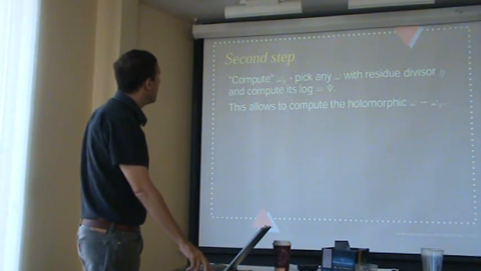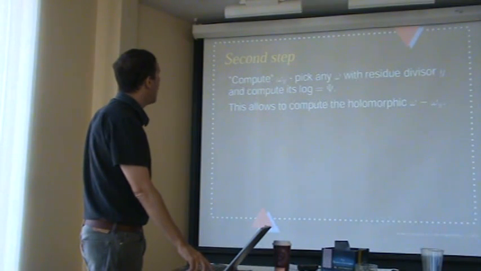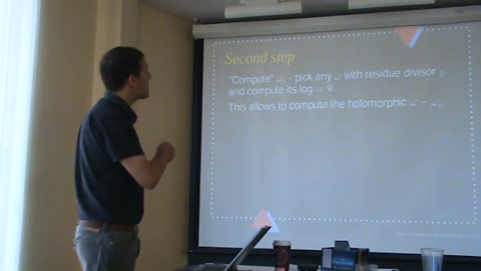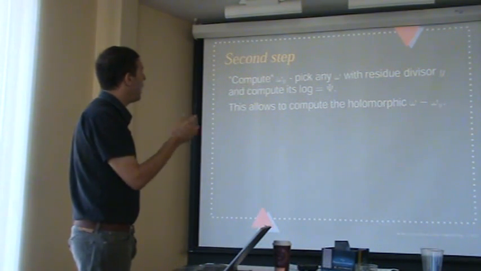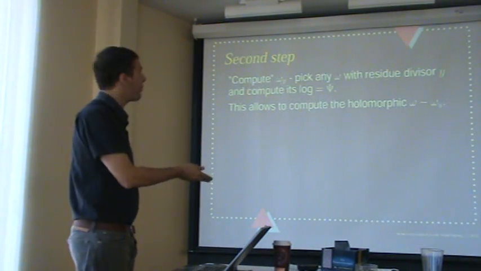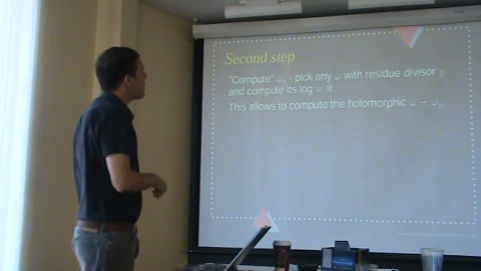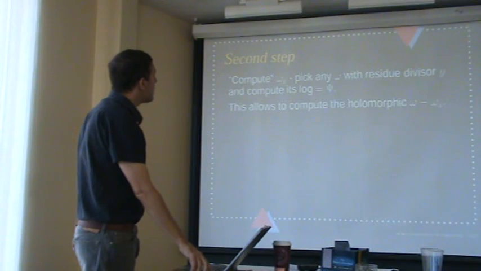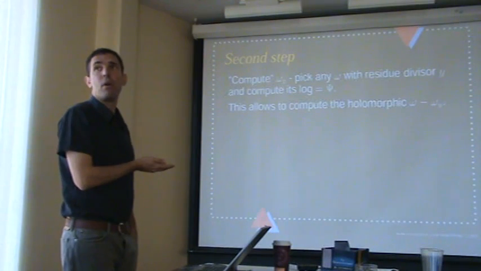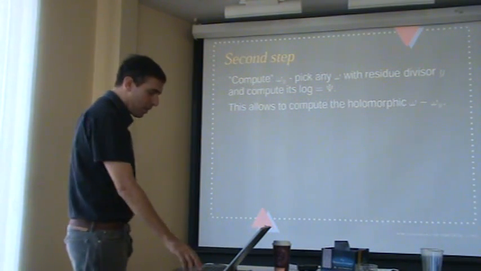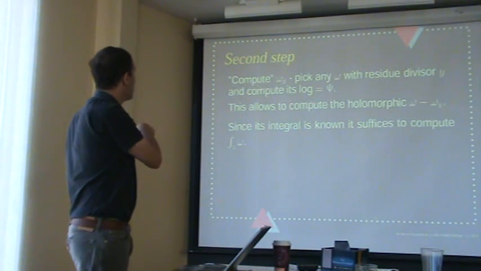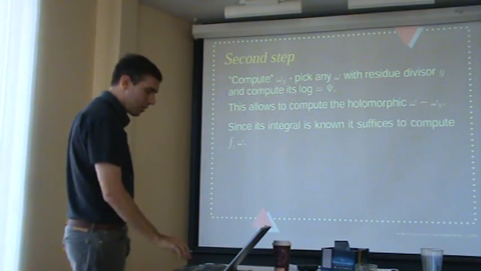And then, if I know what this psi is, I know what the holomorphic form omega minus omega y is, because this psi lands somewhere, and I just need to decompose the psi of omega as something in W and something holomorphic. And this holomorphic thing is exactly going to be the difference between omega and omega y. And since I know how to compute the integral of the holomorphic form, because that's part of the basis of the de Rham homology, which I've already computed, I'm now basically reduced to computing the integral against the divisor z of my omega.